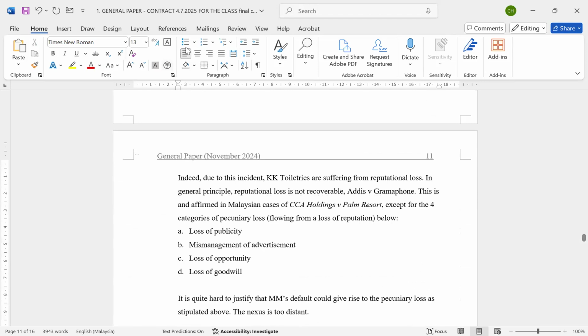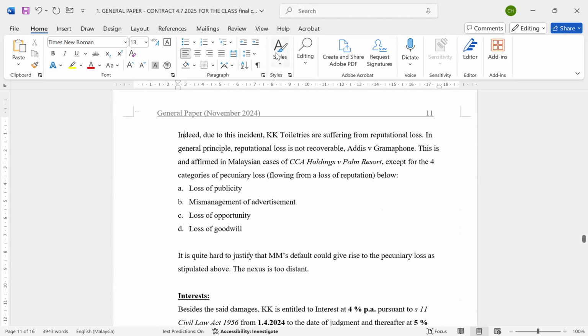Okay. Another issue that you must also consider is that KK has been in this industry for 10 years. These KK toiletries will automatically enjoy some fruits of goodwill and reputation, isn't it? Due to this breach of contract, KK has caused termination by 3 hotels, and he would have indirectly suffered reputational loss.